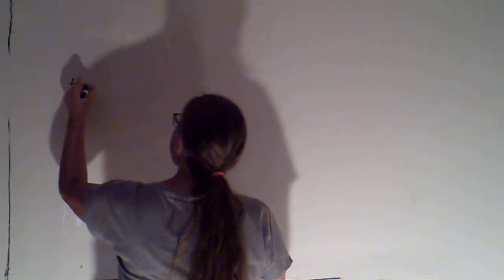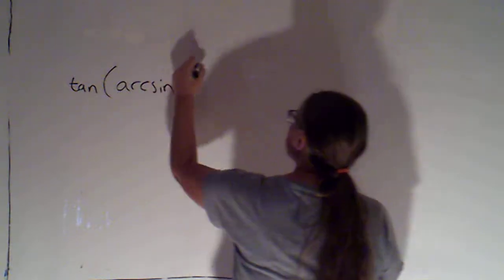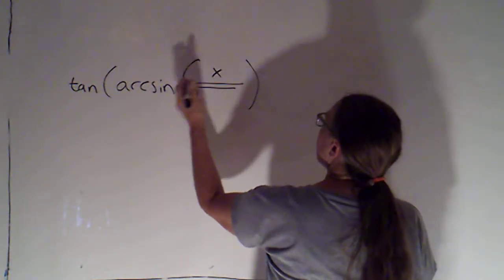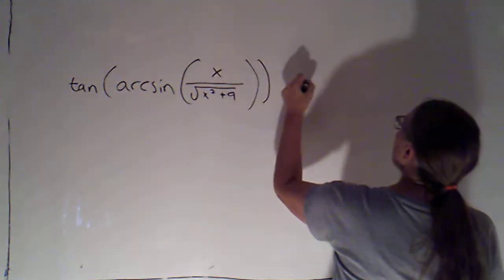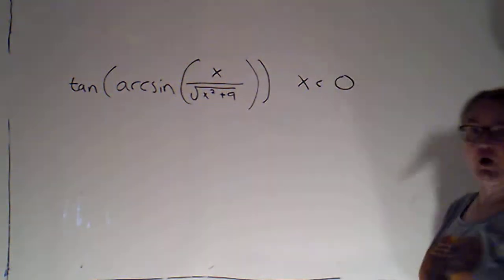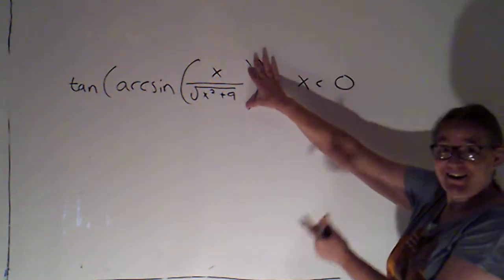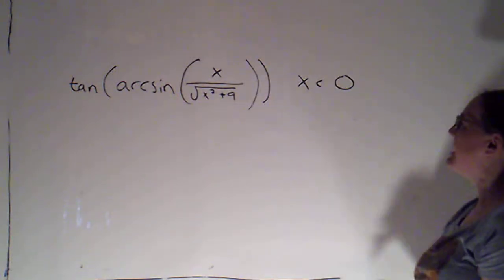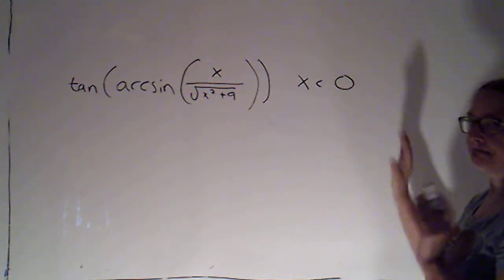Let's try tangent of arcsine of x over root x squared plus 9, where x is less than 0. Okay. So notice it's not just x here. It's this expression that has x's in it. Okay. But this time I'm told that x is a negative number.